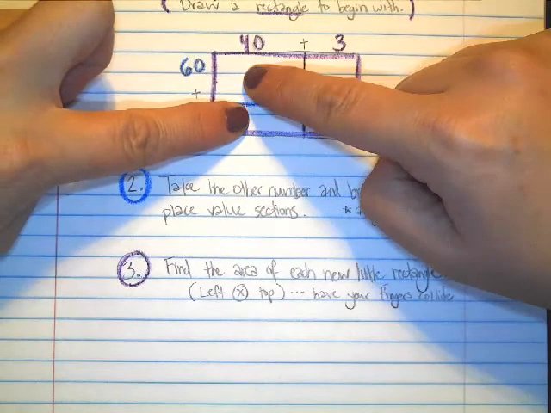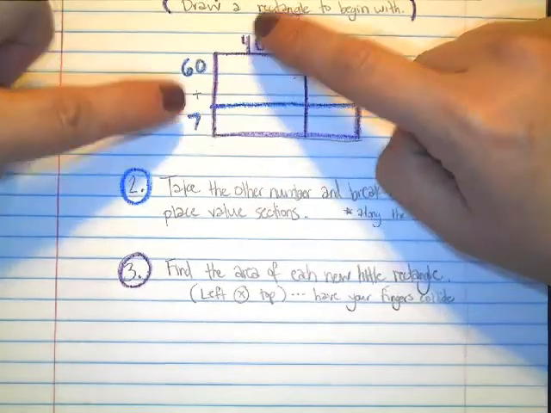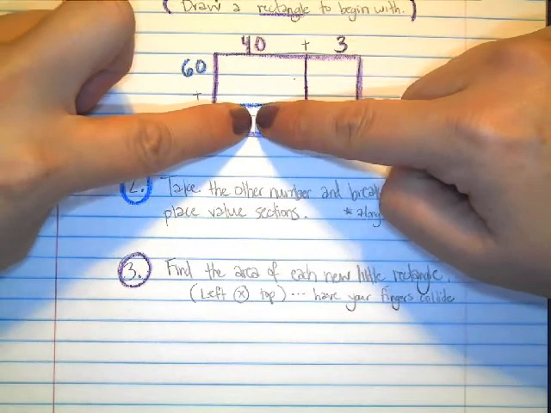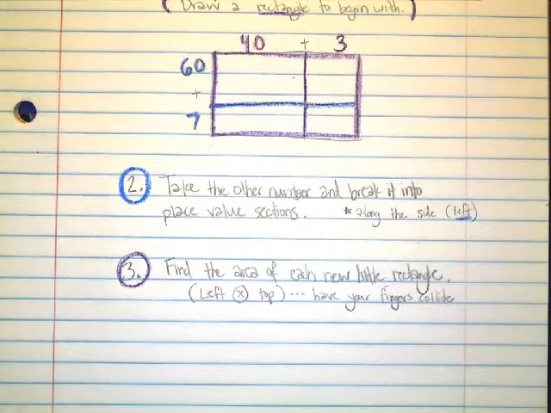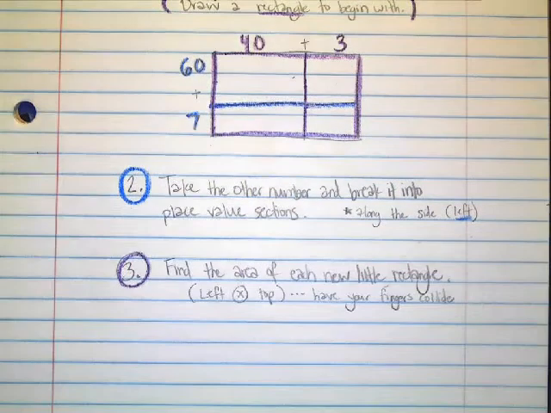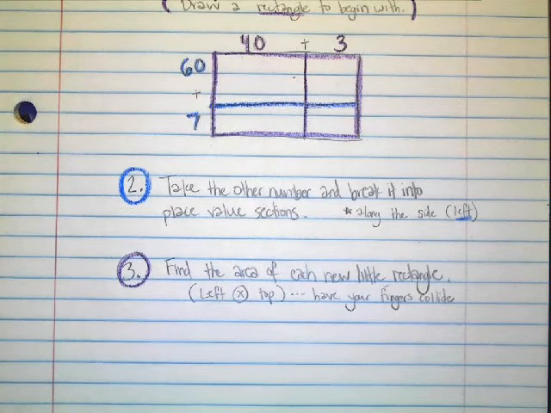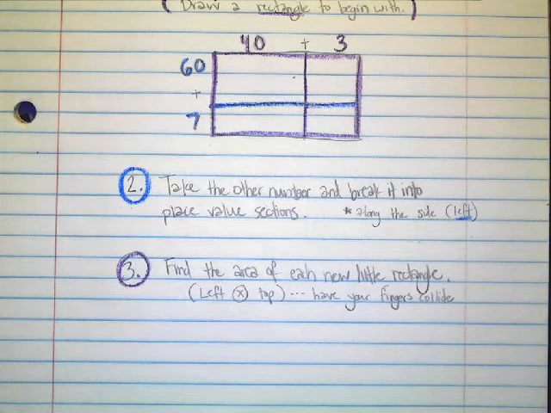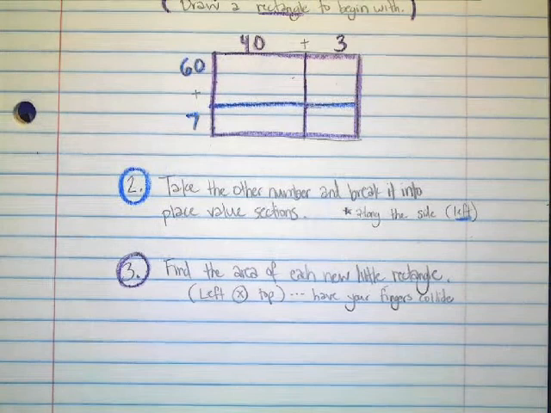Or I always think of it as my fingers colliding. So if the 7's running across left to right and the 40's going down, boom, they're going to hit. So 40 and 7, boom, they're going to make whatever 40 times 7 is. So that's the next step we're going to do, is we're going to collide all of these or find the area of all these mini rectangles.